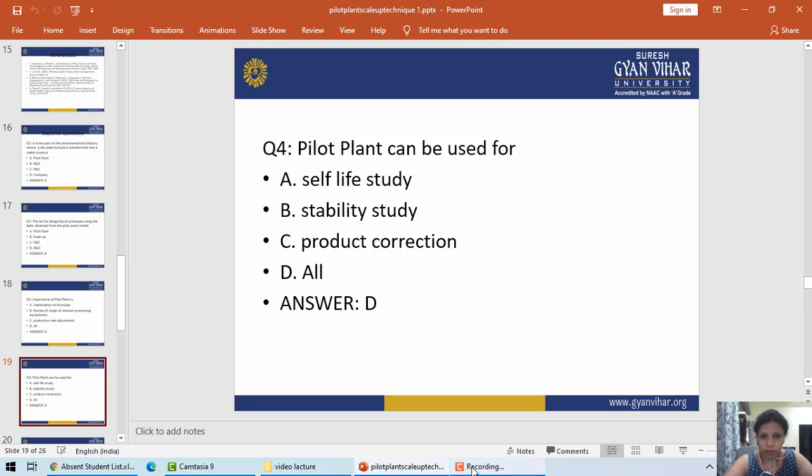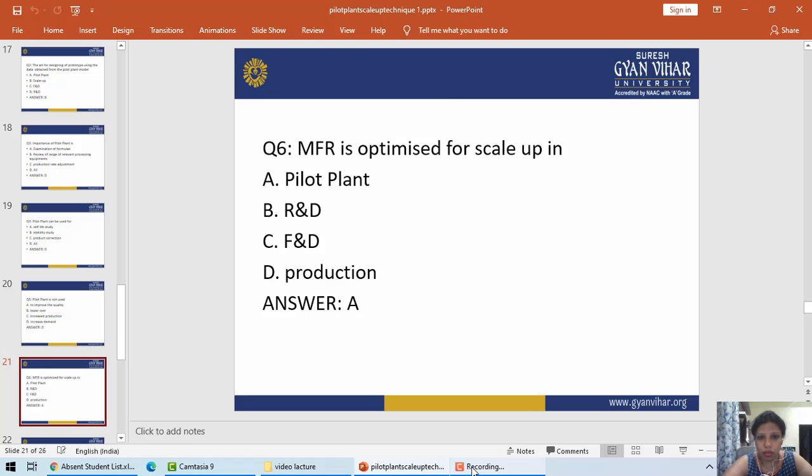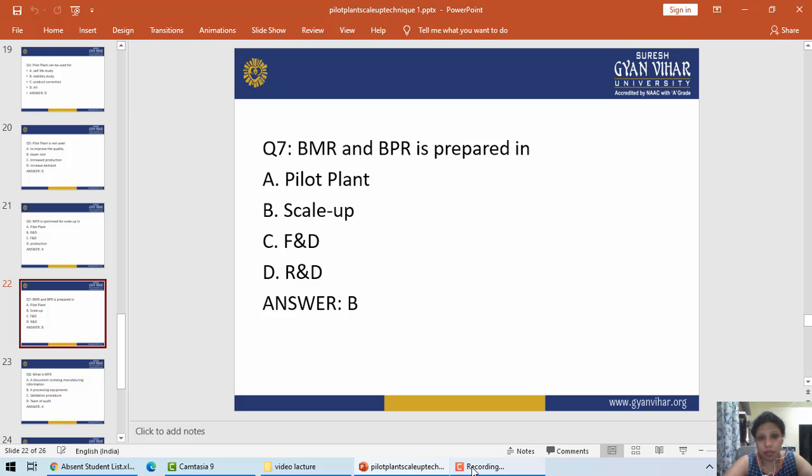We have discussed that the pilot plant can be used for this question. The answer is D, shelf life, stability, product corrections. We have discussed what the pilot plant is used for and not used for. We have discussed the MFR, the BMR, BPR. So all the full forms you should know.